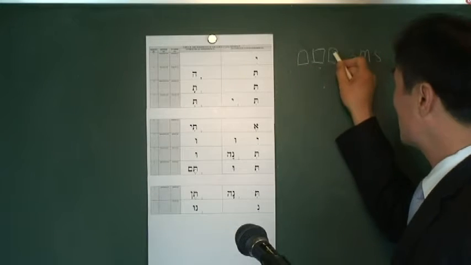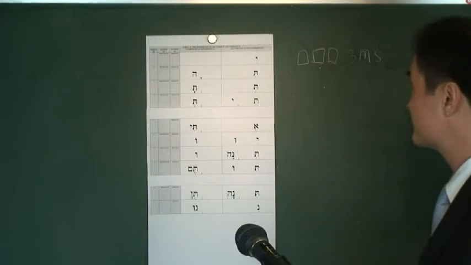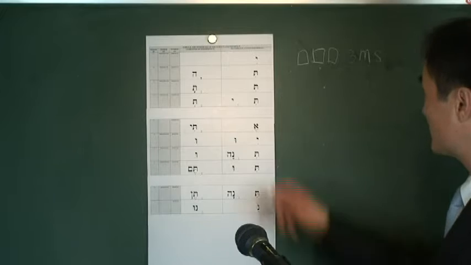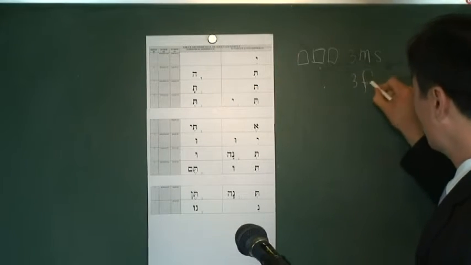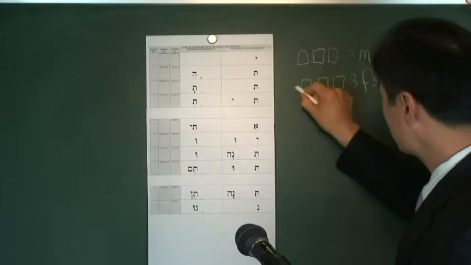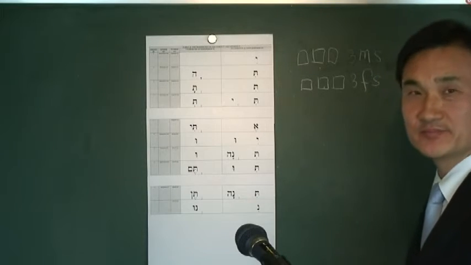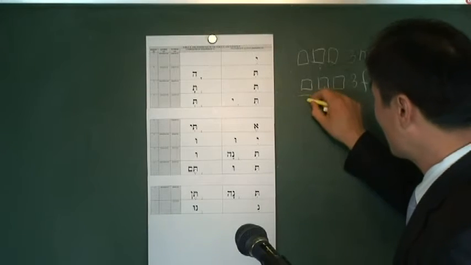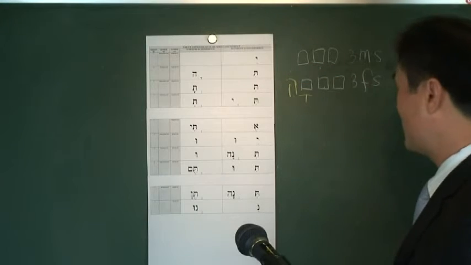The squares show us the 3 basic consonants of Hebrew verbs. Next, the third person feminine singular of the perfect form. There is the ending a.